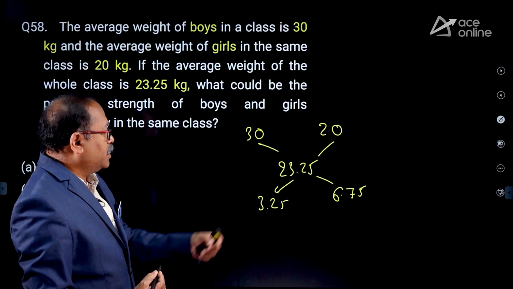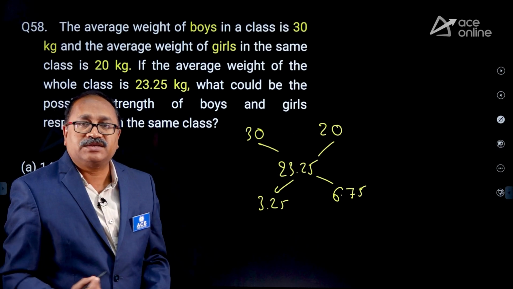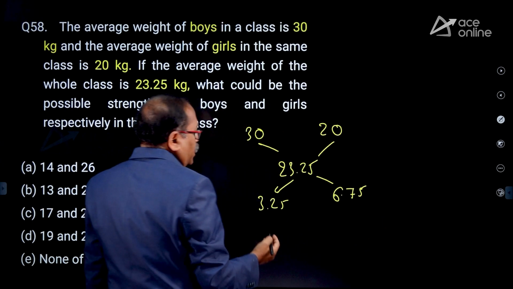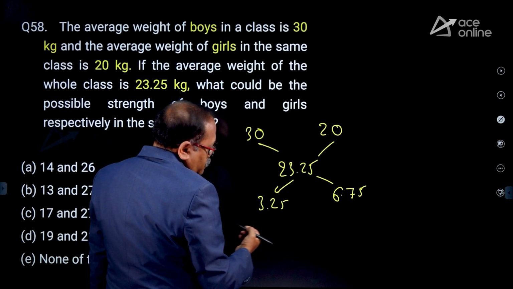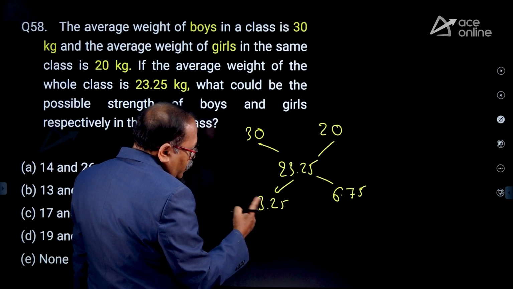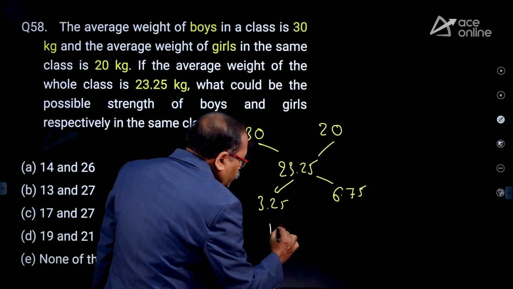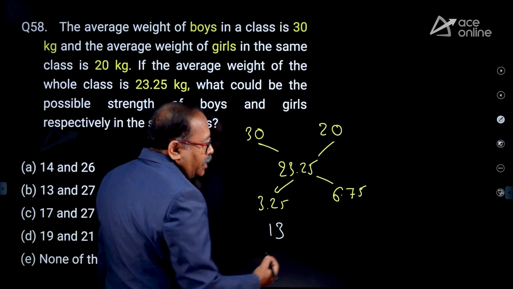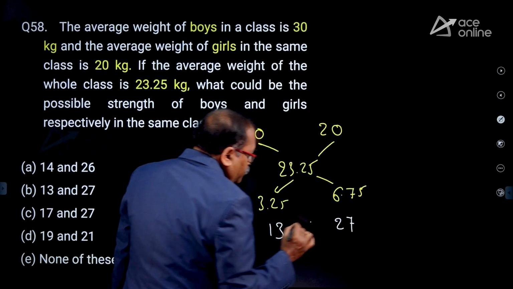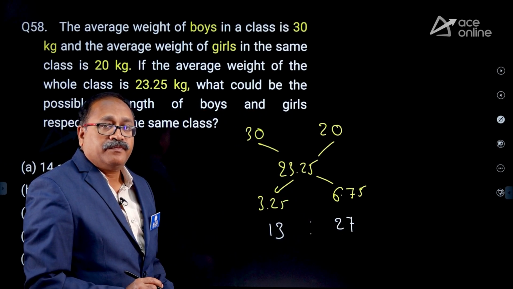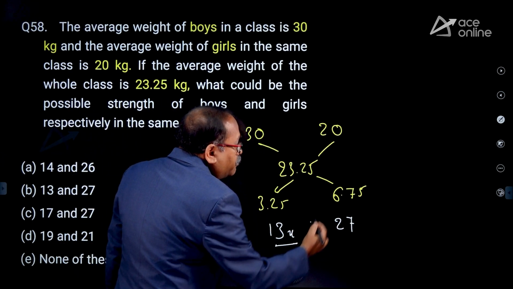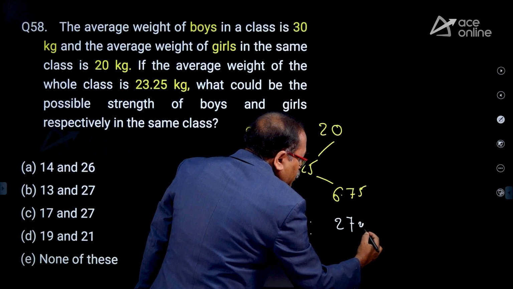That's 3.25 and that is 6.75. Now cancel this and find out. So here your answer lies with 13 and 27. If the number of boys is 13x, the number of girls is 27x.